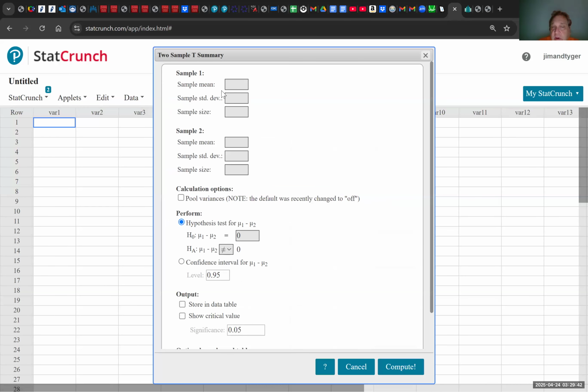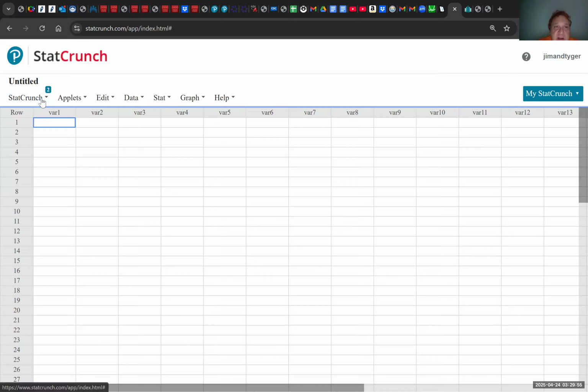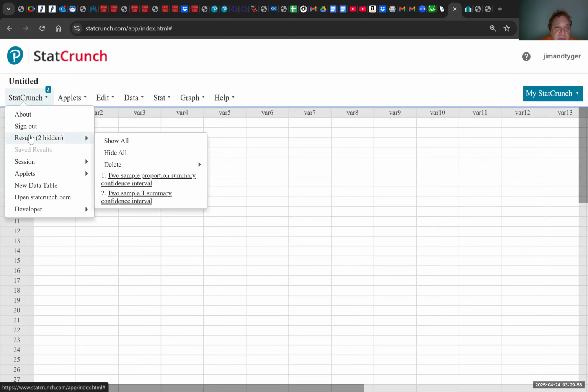I get this little readout where it asks me about each of the populations: the average, the standard deviation, the sample size, and then hypothesis testing. As I said, I already put all the numbers in to make the video run a bit more smoothly. So here is 2 sample T summary.